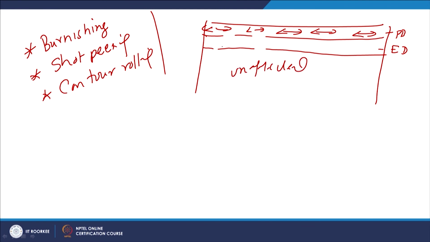The surface layers have been elongated, while the subsurface layers are elongated under elastic deformation conditions. So, these subsurface layers will tend to come back once the processing of the surface layer is over. They tend to attain the same dimensions again.